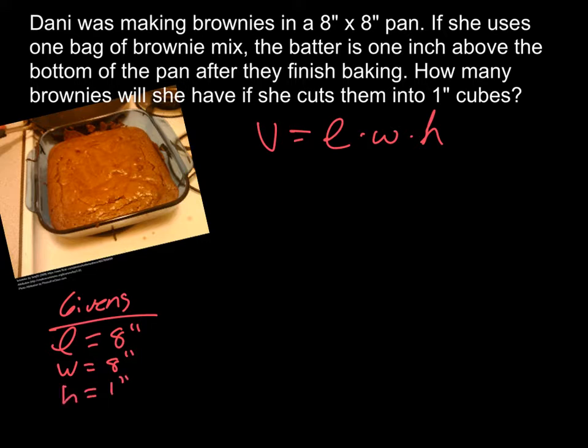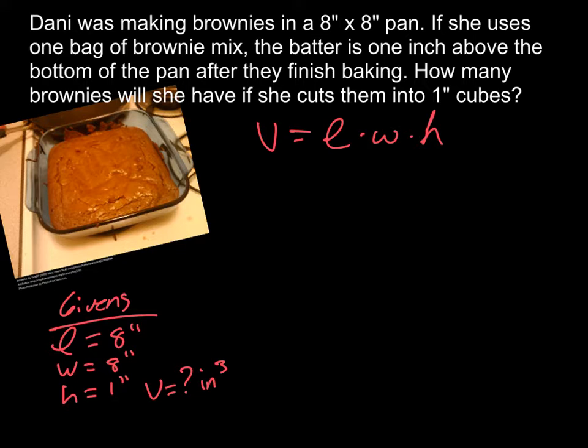And then we can say what we're looking for, and that's the volume, which we don't know. And remember that is inches, but it's going to be inches cubed because we have three dimensions. Remember, when we look at the area for a two-dimensional figure, that's squared because we have two dimensions. With volume, we have three dimensions.